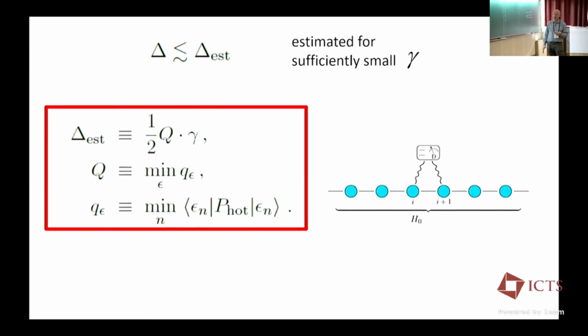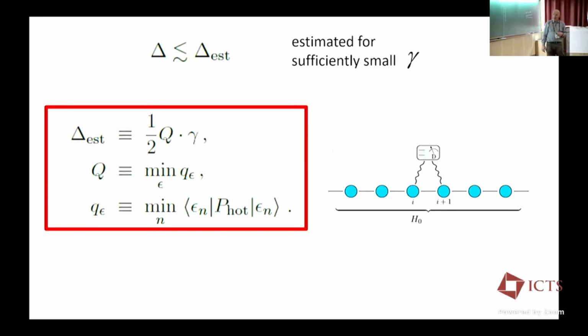It's 1/2 times Q times gamma. Gamma is the coupling constant. Q is obtained this way. I go over all excited states of the big system, all the bound states of the big system, and I project the state onto the hot subspace of the link, the cooled link.